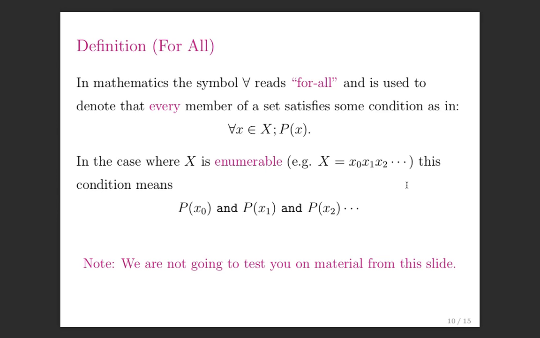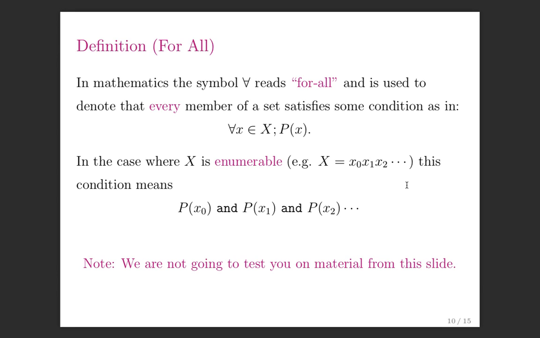Okay, so there are two things I want to show you, and it's this for all symbol and this for exist symbol. You don't have to understand or remember the mathematics of this. I'm just showing you the mathematics because it's interesting, and some of you may need it soon or next semester. So you need to understand the code, but you don't need to understand the mathematics.